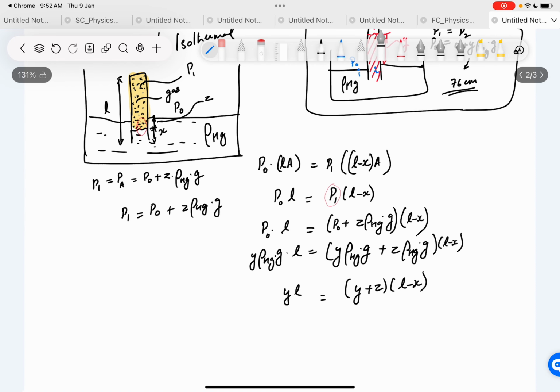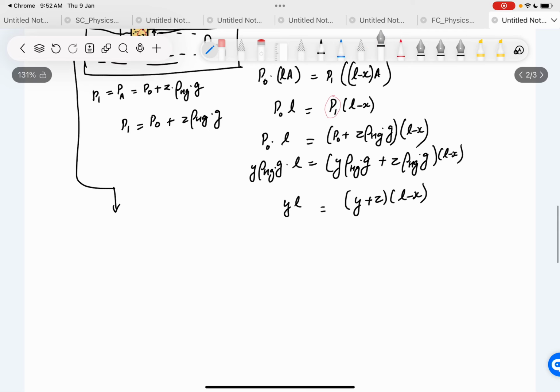Right? The same thing you can repeat even if it is taken to a very large depth over here. Let us say that this is the depth to which it has been taken, right?